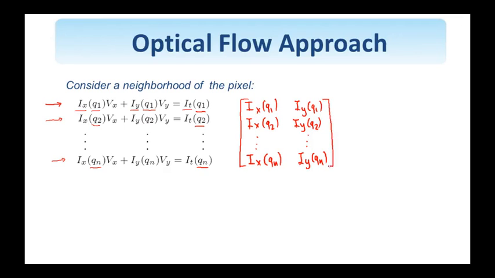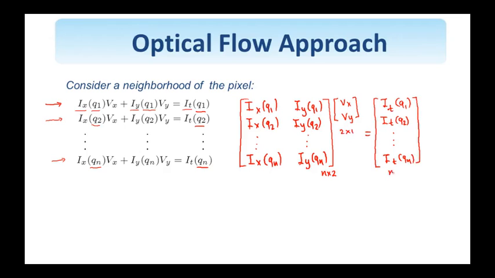It's an n by 2 matrix that will multiply the unknowns Vx, Vy, and this is equal to the temporal derivatives at Q1, Q2, all the way to Qn. So n by 2, 2 by 1, and this is n by 1.